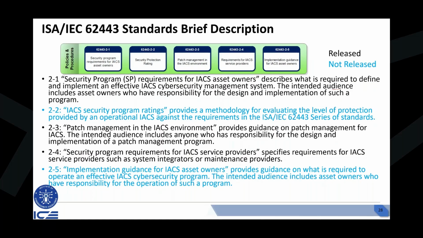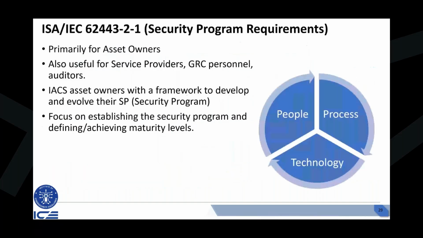So 2-1 standard for the asset owners and 2-4 for service providers. So just remember these two as the important ones. And obviously anybody who is interested in patch management can look at the guidance here as well. I'll just briefly touch the 2-1, more importantly, because this was released just last year.